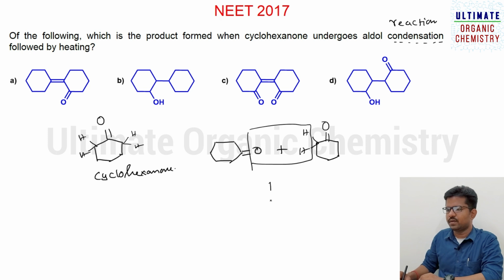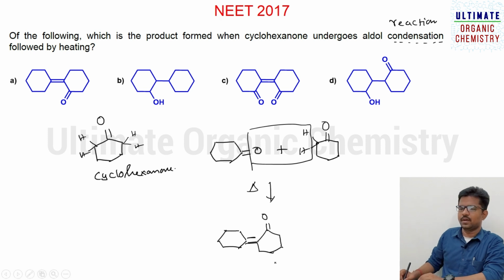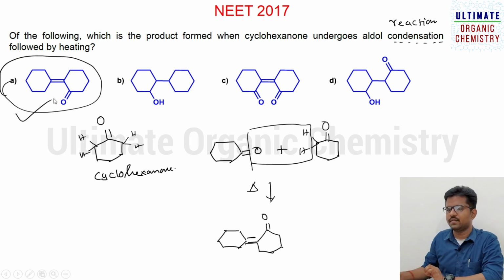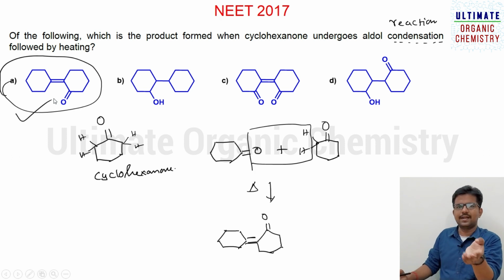Water will be removed. That is what they said: followed by heating means during heating water will be removed. The final product will be this product. Now if you check with these options, only one option, option A, is the correct one. The rest are wrong. So by seeing that reaction, you should be able to give the answer within a minute.